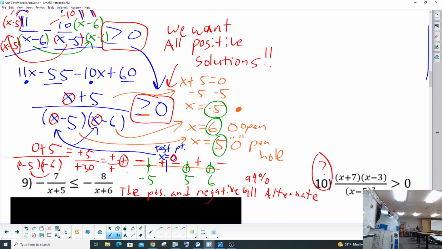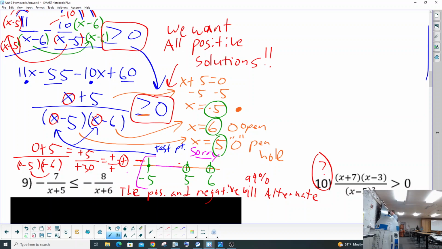Well, we have a closed dot at negative 5, so we're going to go brackets negative 5 to, what happened? No, 0 is not a new bold. Whoops, made a mistake. 0 is a test point, so you don't alternate there. Sorry. So what do we have?